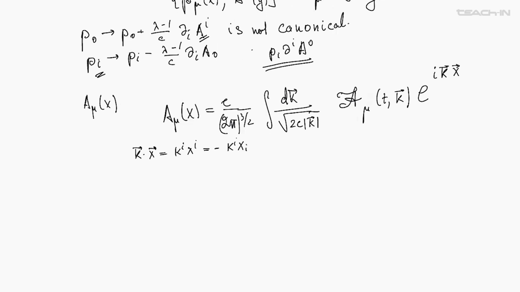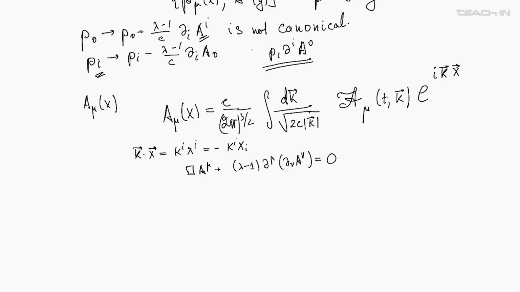So if you take this Fourier expansion and plug it into the equation box A mu plus lambda minus 1 d mu d nu A nu equals 0, then your equation gives the following system of coupled equations.